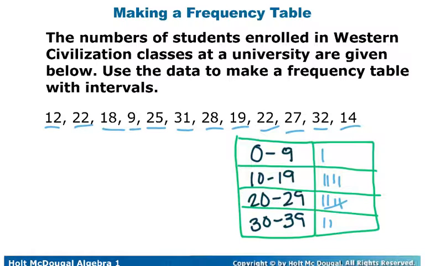Alright, so then what you would do, of course, in your frequency table is actually put the number of these values. So we are going to put that there was one number within 0 to 9. There are 4 from 10 to 19. 5 from 20 to 29. And 2 from 30 to 39.